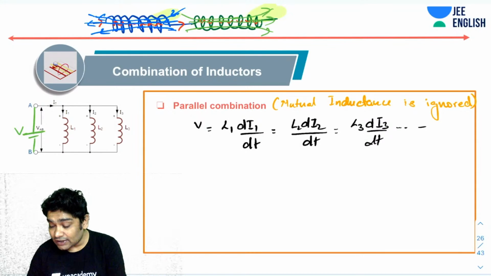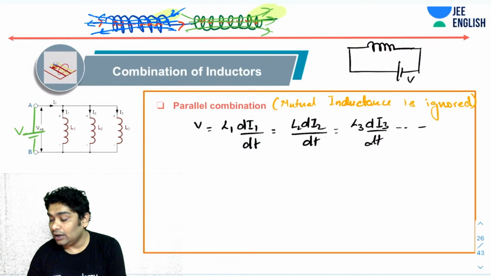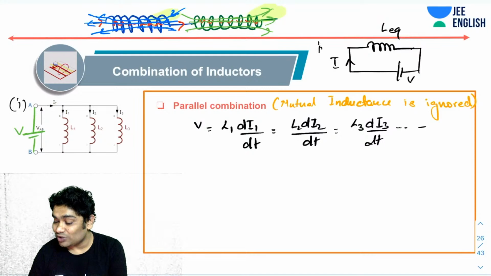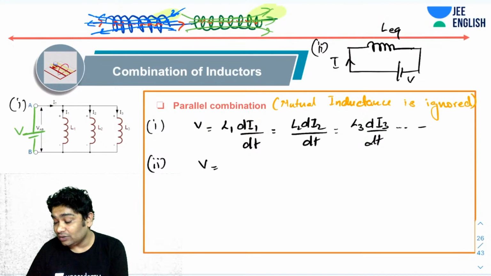Now, for the equivalent circuit, I would have replaced everything with a single inductor, same battery, and the same current. I can say L equivalent. So for circuit 1, I am getting this. For circuit 2, which is the equivalent circuit, I would have gotten V equals L equivalent times di by dt. Correct?